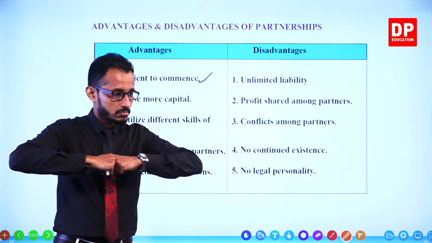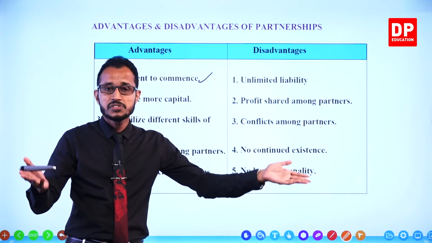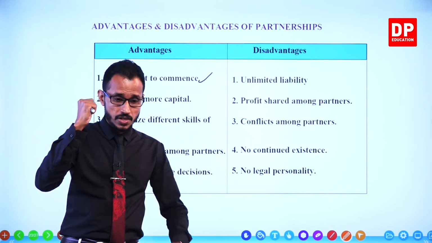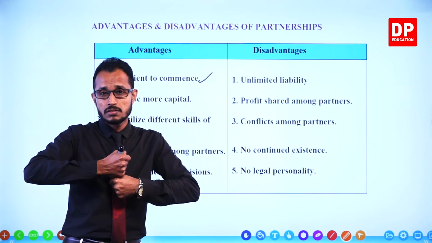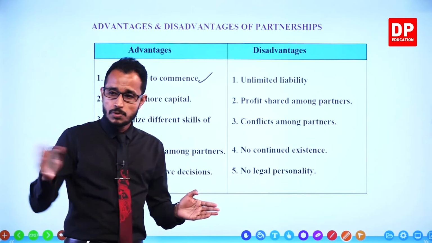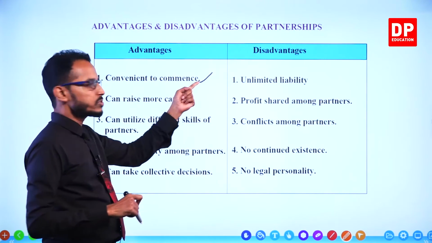Other types of businesses have a lot of legal barriers, but for sole proprietorships and partnership businesses, not much. Easy to start.